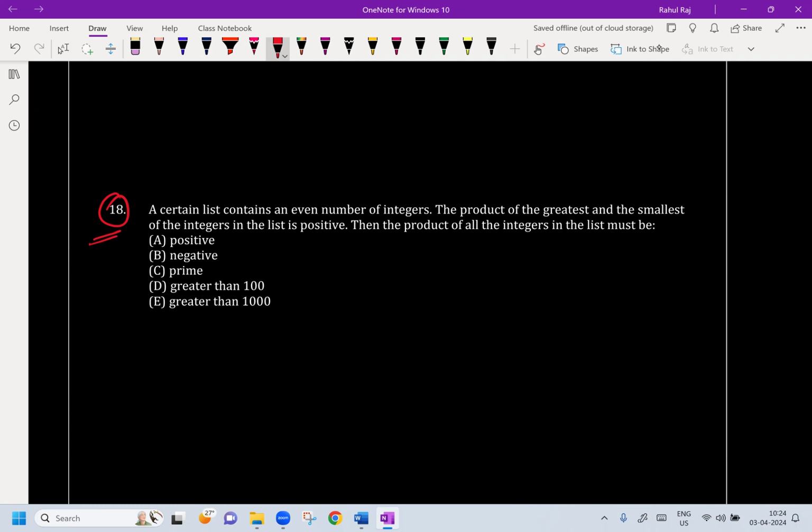So if you take 1, 2, 3, 4, then the product is 4, it is positive. Then the product of all the integers must be... So then if you take 1 and 2, you get 2, 2 and 3, you get... I'm just trying to see if this is positive or prime.